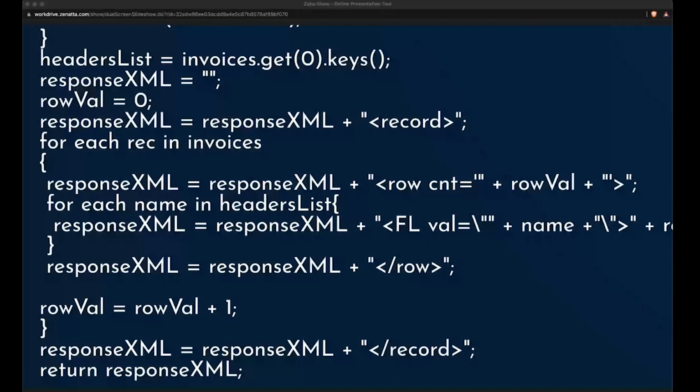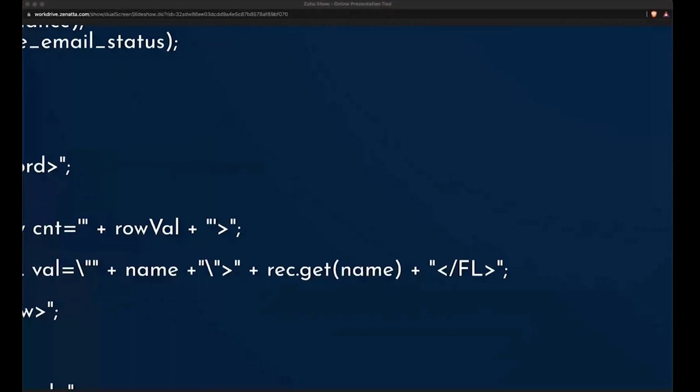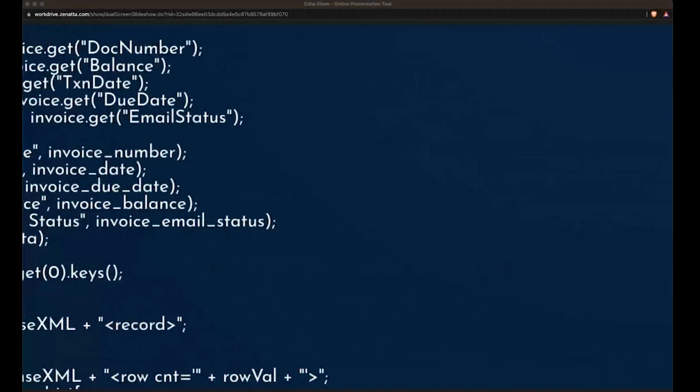For each name in the headers list, we want to add the FL tag with the name plus the actual data from that map, and then close the FL tag. And then finally, closing off every row with the row tag, increasing the row value, and then closing the whole thing off with the record tag.